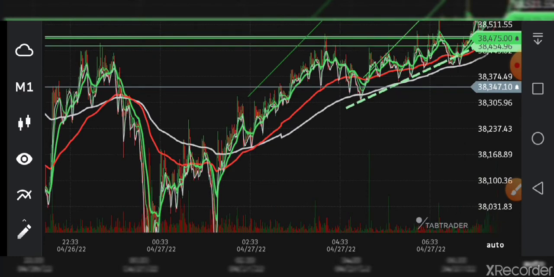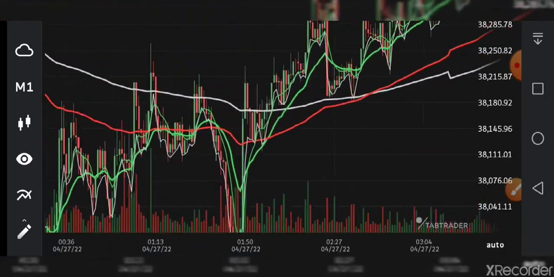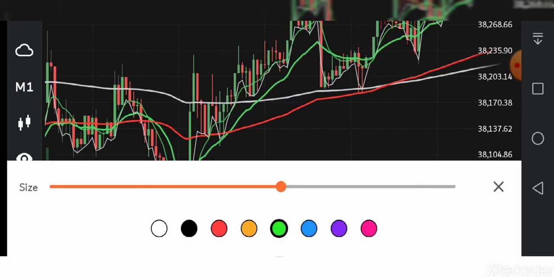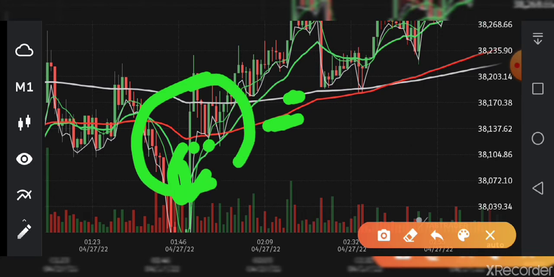On 1 minute, what we actually need to look out for is when you have your small white line, your small green line, and your big green line, three of them causing this thick red line and the white one. That means we're actually investing around this point. That is where we enter.